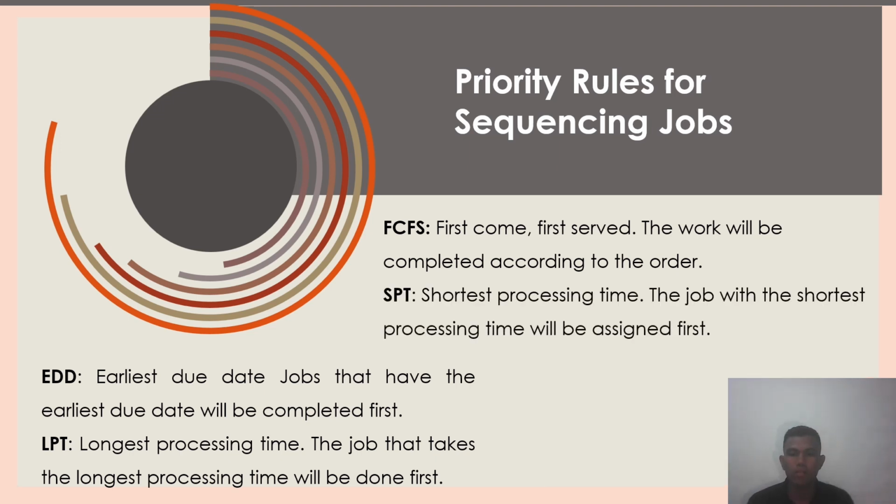SPT, shortest processing time. Jobs with the shortest processing time are assigned first. 3. EDD, earliest due date. Earliest due date jobs are assigned first. And the last is LPT, longest processing time. Jobs with the longest processing time are assigned first.